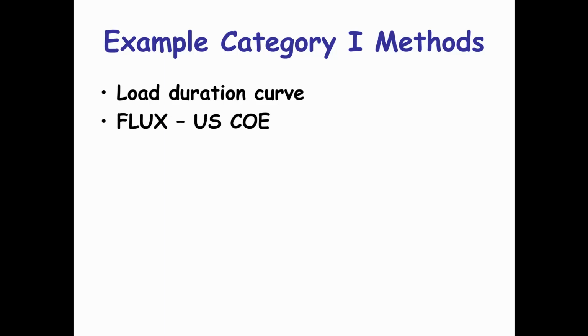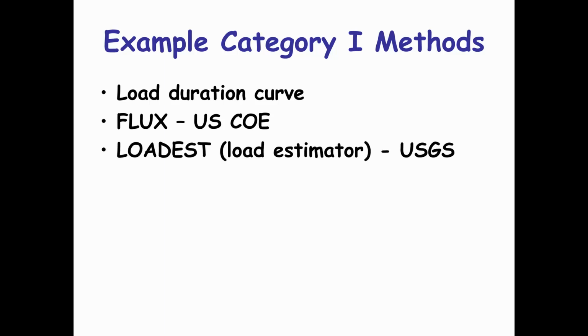So some example category 1 methods include the load duration curve, a model called FLUX, which actually calculates a load duration curve, but it does a lot of statistical calculations that help with the analysis of quantifying loads. A model called LOADEST, which is Load Estimator, developed by USGS, which is very similar to the FLUX model.